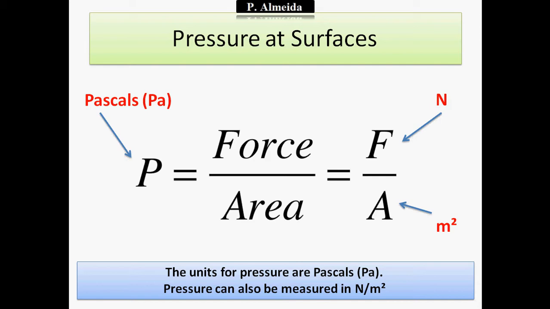So pressure is newtons per meter squared, or newtons meters to the minus 2, or then Pascal. Okay. So again, pressure comes in newtons per meter squared, or newtons meters to the minus 2, or then Pascal. So I said meter square minus 2.